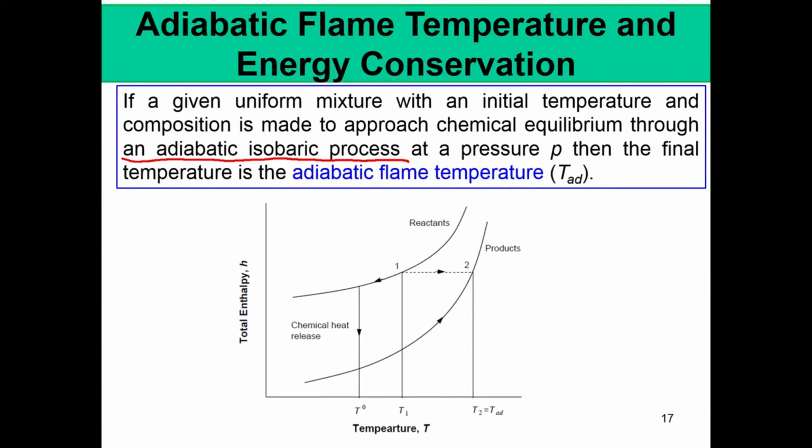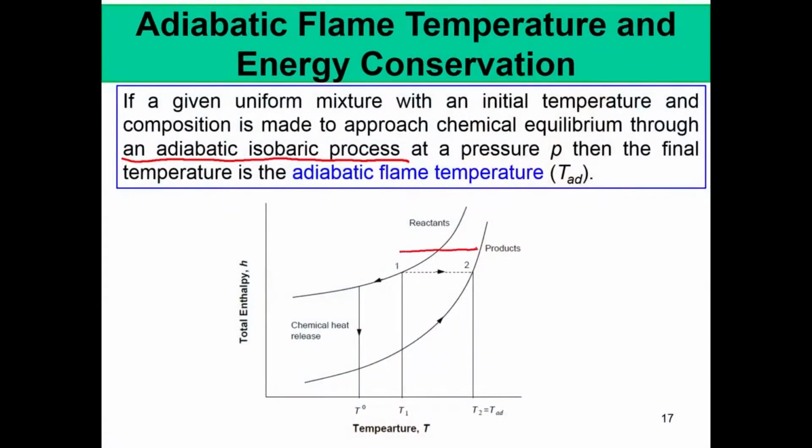Now, the sensible enthalpy is of course a function of temperature, and because the sensible enthalpy is very high, the temperature must be high, okay, and as a result the adiabatic flame temperature at which this sensible enthalpy is realized is large. Okay. So, that is why when you have combustion, the final product temperature is high.